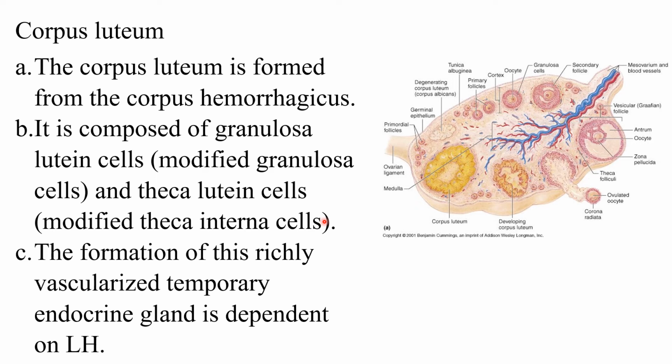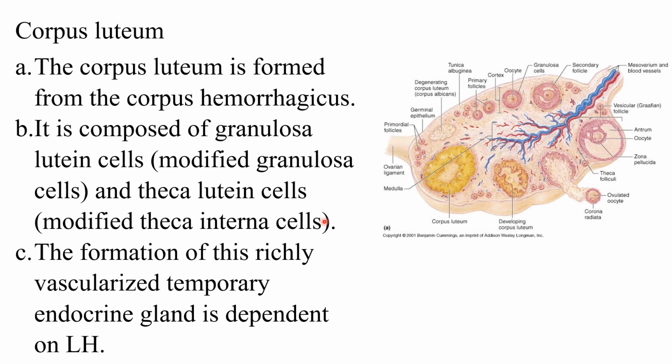So that means the granulosa cells and theca interna cells of the Graafian follicle get modified into granulosa lutein cells and theca lutein cells.